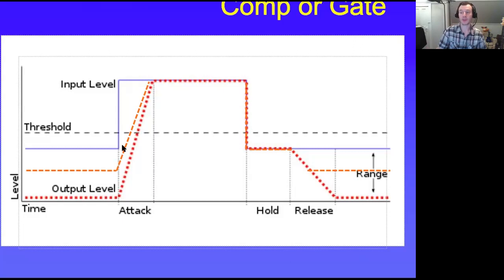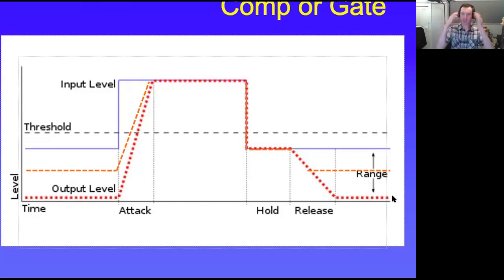And he or she opens the gate, and we see that signal, the attack phase of our gate, as it goes up and lets the signal through at its full volume. Then the signal jumps back below the threshold. We have an additional parameter here called hold time, which I'll talk about in a second. And then our guy goes, yep, it's for sure, they're back in, they've come below the threshold, and then slowly closes the gate here until the signal goes back above that threshold point.